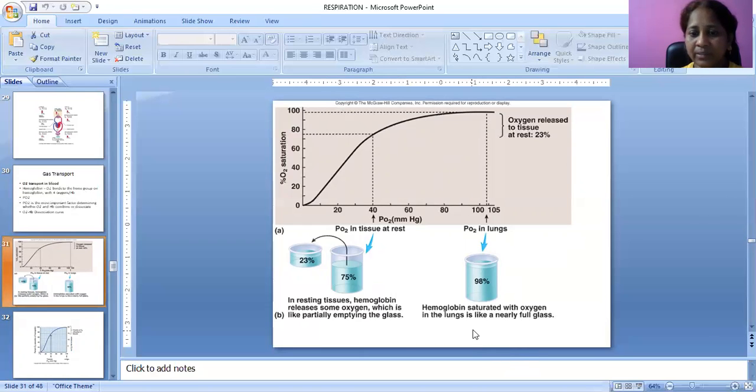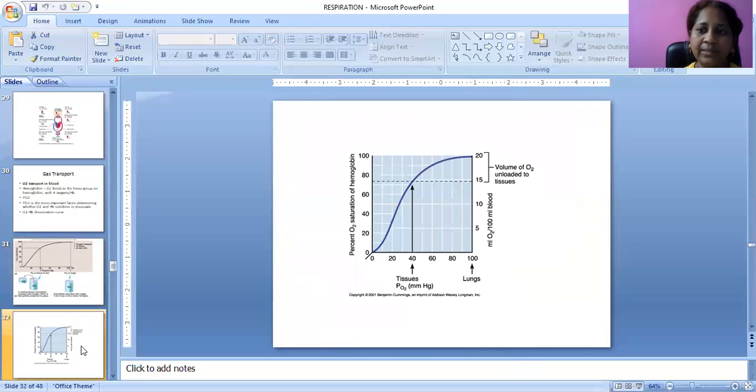Hemoglobin saturated with oxygen in the lungs is like a nearly full glass. This oxygen dissociation curve moves from left to right. This was first discovered by Bohr, so it is called the Bohr effect.